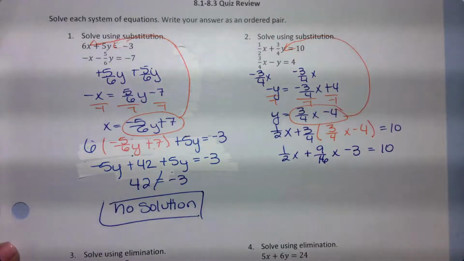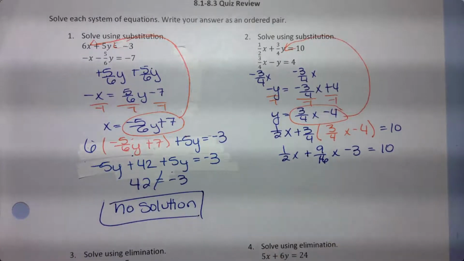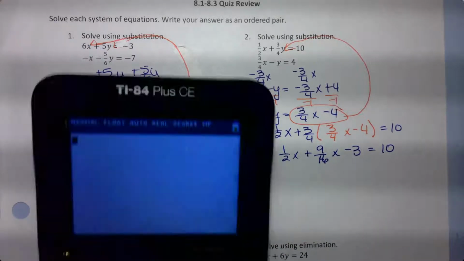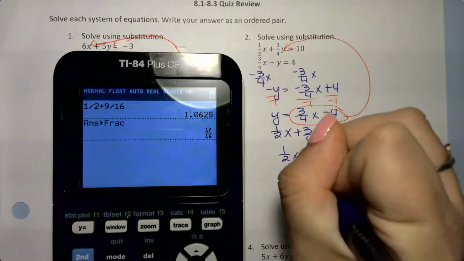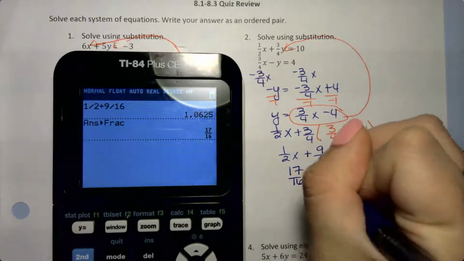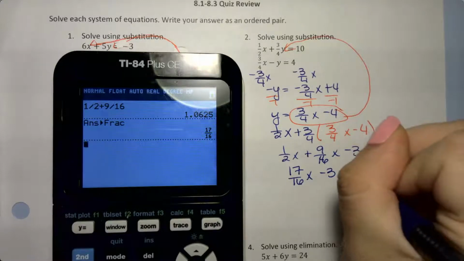Still equals 10. I am going to combine like terms, so I want to figure out what 1/2 plus 9/16 is. Which gives me 17/16 x. And I have -3 equals 10.